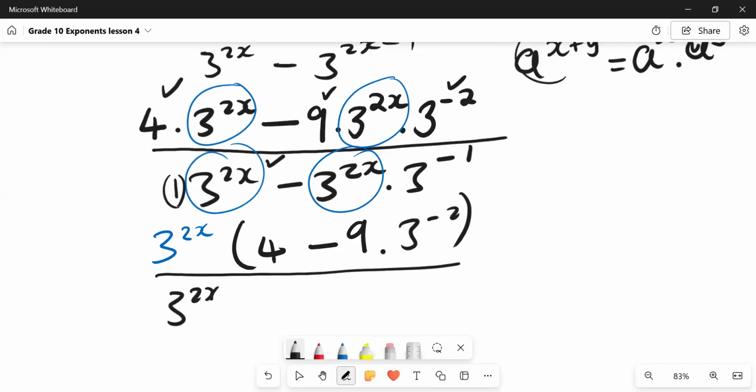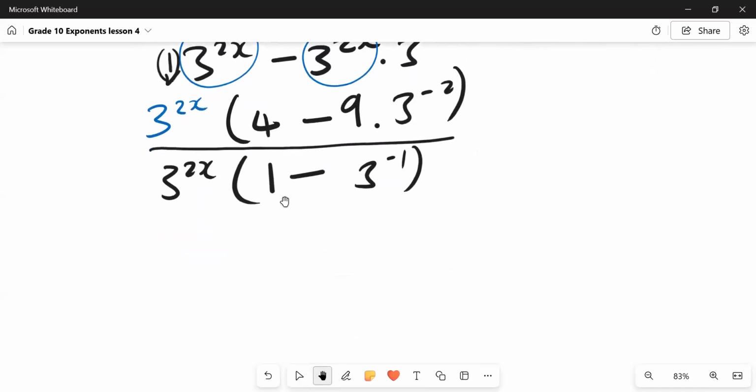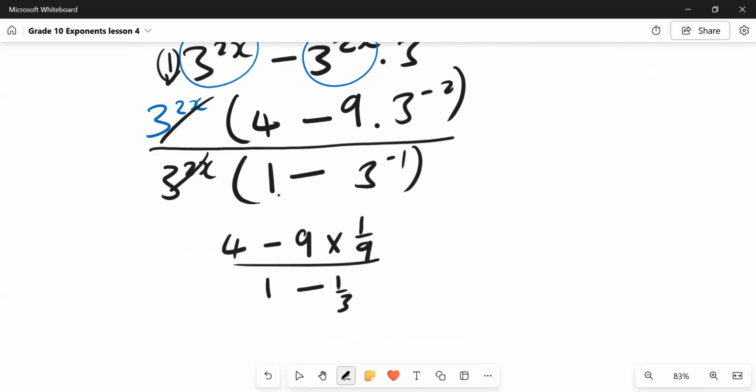So that's 3 to the power of 2x, you're left with 1 minus 3 to the power of negative 1. And then from here, these two will cancel. And then you're left with your 4 minus your 9 times 1 over 9, over 1 minus 1 over 3.